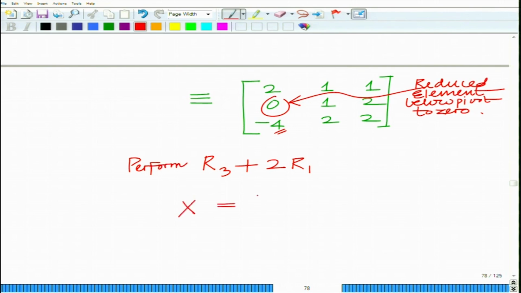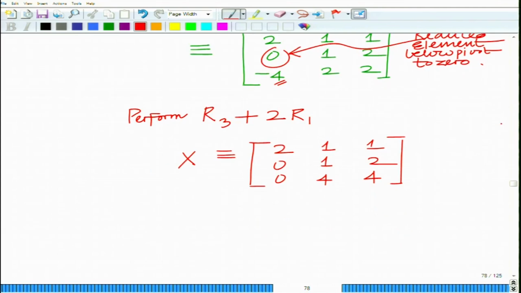That will give you the first row as it is, the second row 0 1 2, and the third row will be minus 4 plus 4, that is 0, 2 plus 2, that is 4, 2 plus 2, that is 4. So, what we have done is we have chosen the pivot and we have reduced all the corresponding entries in each column below the pivot to 0.